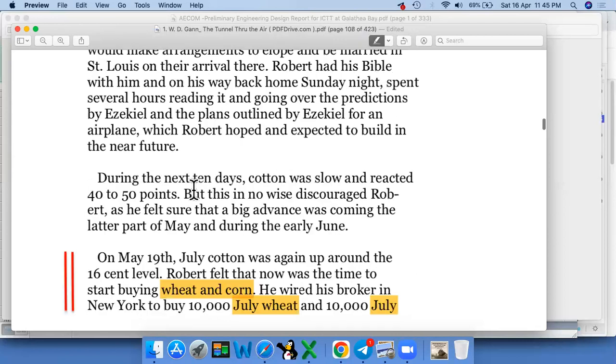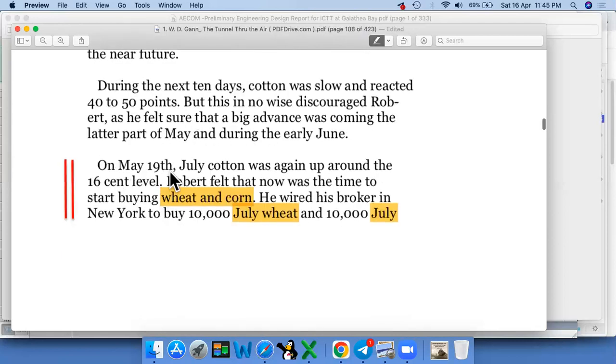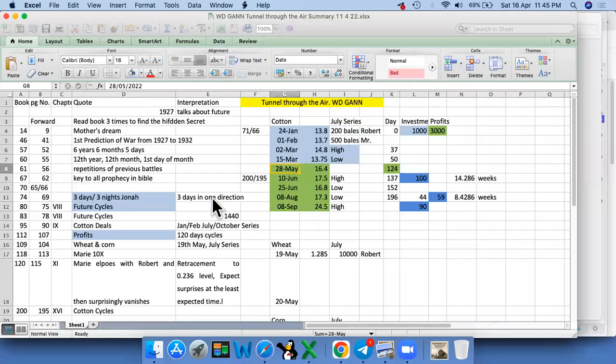8th of May. On May 29, July cotton was again up around 16 cents level. Robert felt that now you have the time to start buying wheat and corn. So he has started buying wheat and corn. We have taken that cycle separately, right?